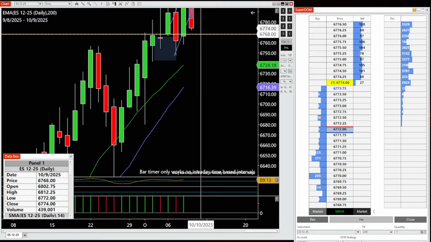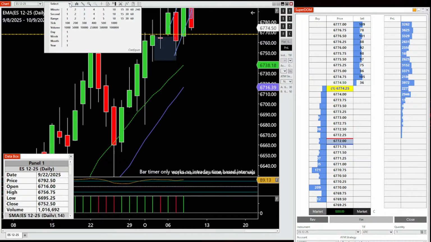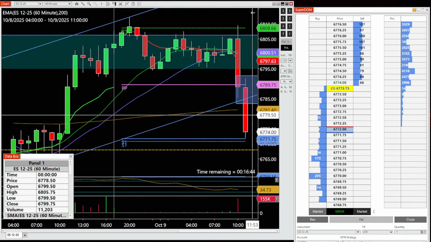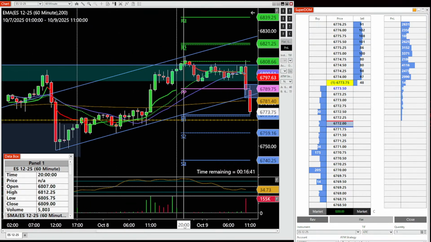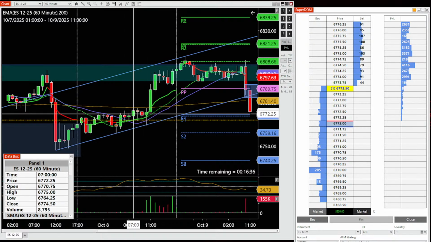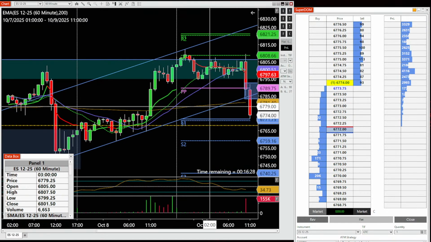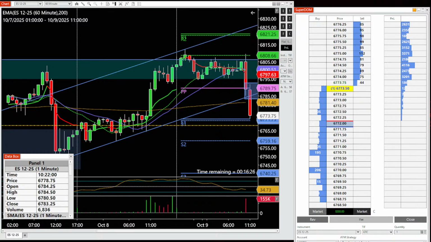So got room on the daily to move a little bit, but when you go down, you start looking at the minor support levels. 167, 167. You start seeing the consolidation levels coming back into these levels. Look like it's not finished yet.